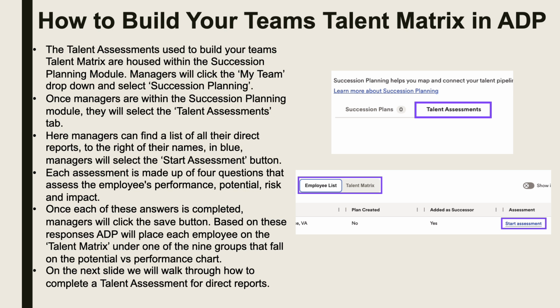Each assessment is made up of 4 questions that assess the employee's performance, potential, risk, and impact. Once each of these answers is completed, managers will click the Save button. Based on these responses, ADP will place each employee on the talent matrix under one of the 9 groups that fall on the potential versus performance chart. On the next slide, we'll walk through how to complete a talent assessment for direct reports.